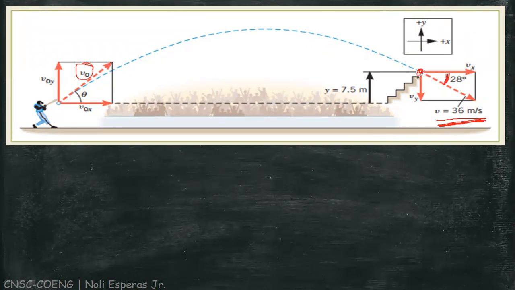To solve this, let's get first the components of the final velocity. So let's look for Vx and Vy.